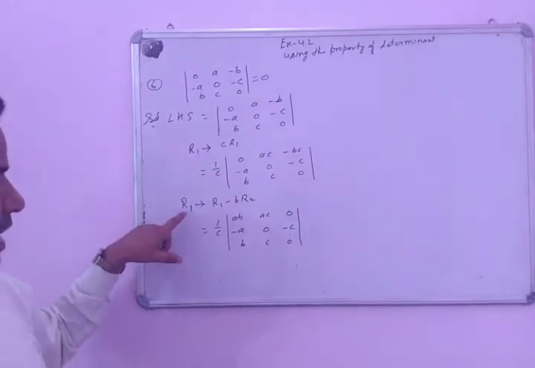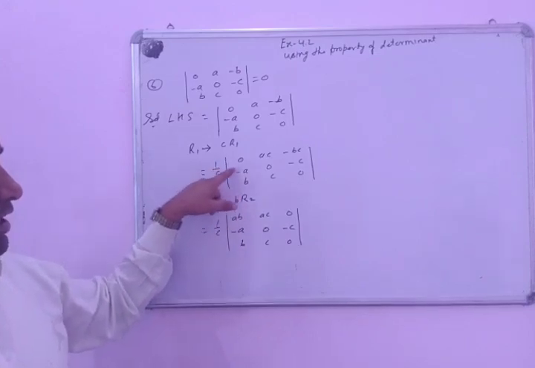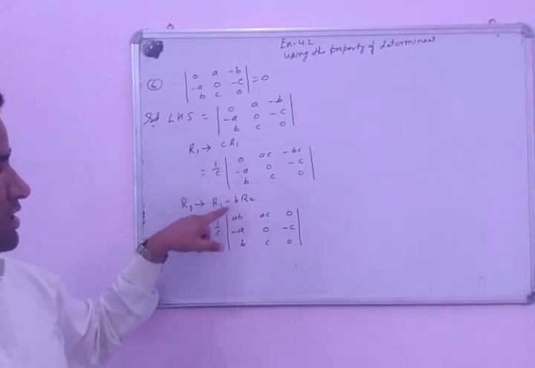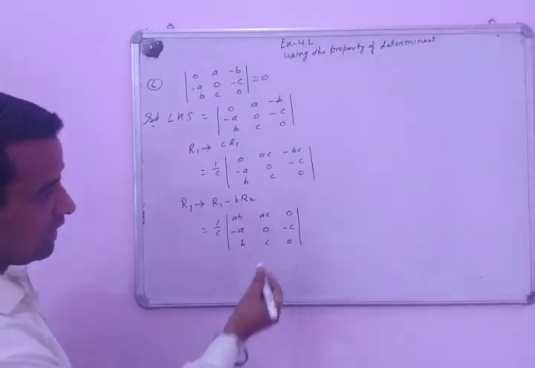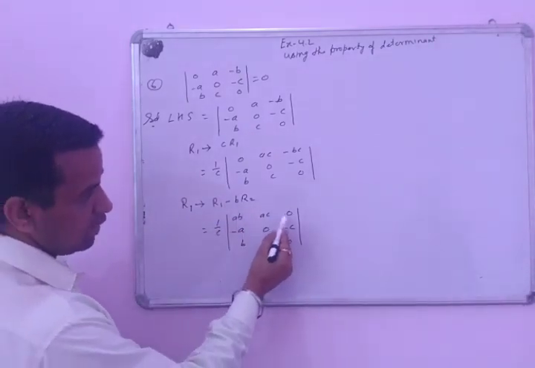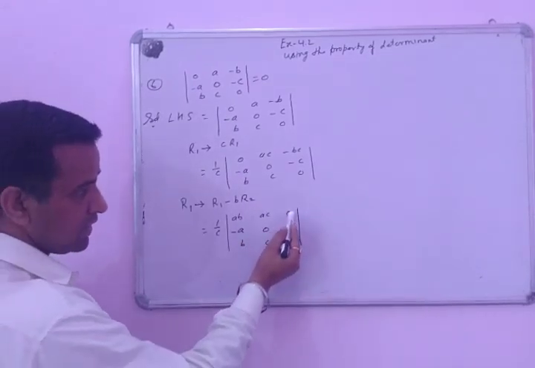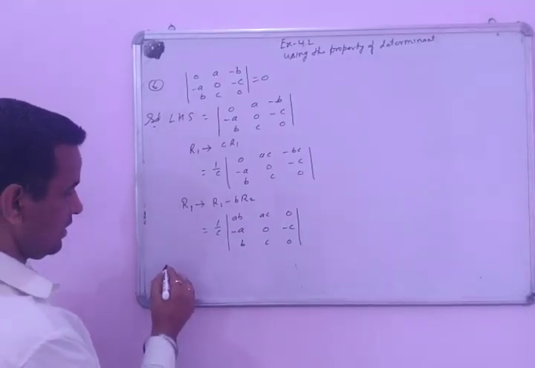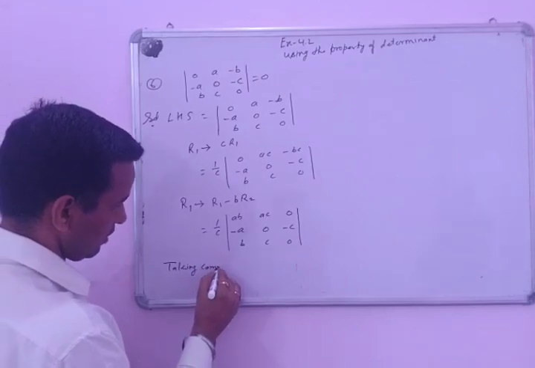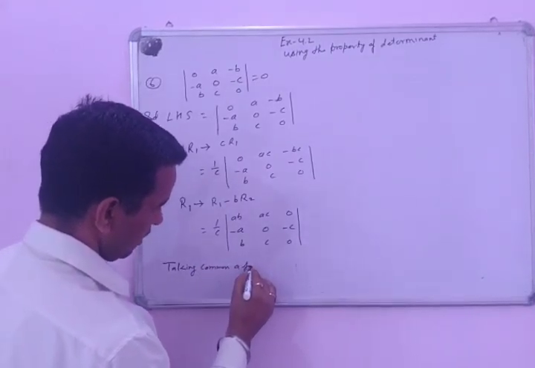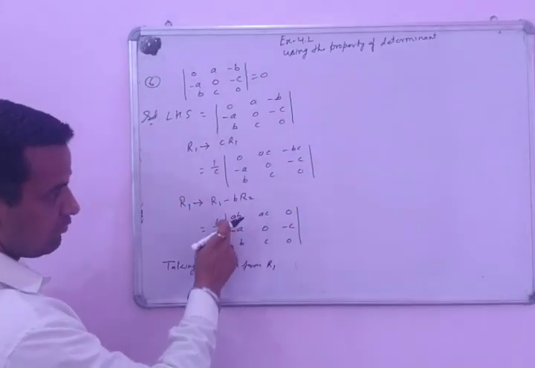Next step, I am writing R1 minus BR2, means R1 minus BR2. Then according to these rules I am subtracting, getting this value. Again, now look here, A or 0, every number has a common factor A. 0 into A is 0, so taking A common from R1.